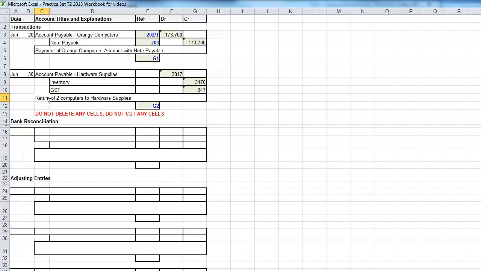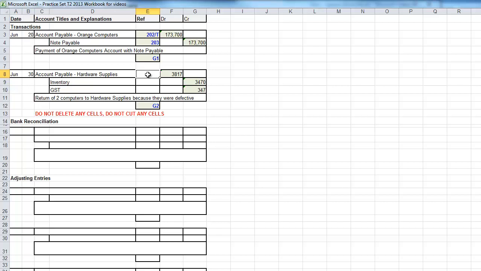And this is probably where you would put a note of, because they were defective, or whatever the reason was. And that could also be included on a working paper somewhere, which we don't really cover in this unit.